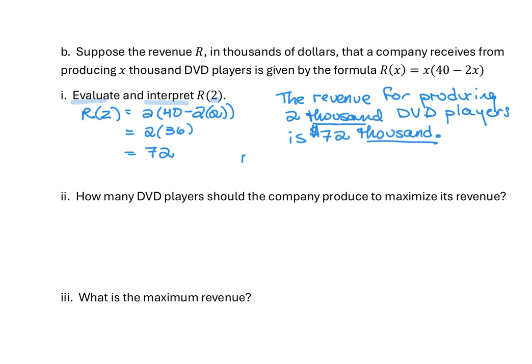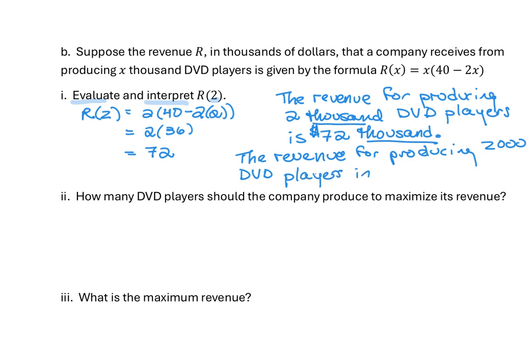So for instance, we can also write this: the revenue for producing 2,000 DVD players is $72,000.